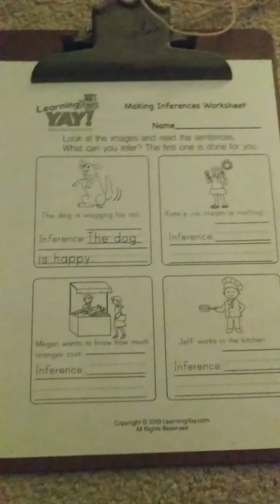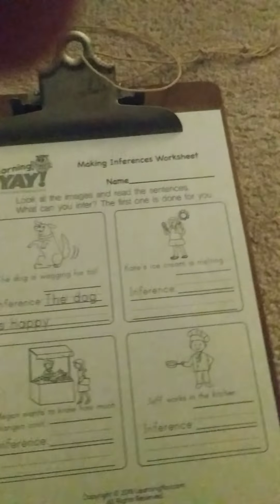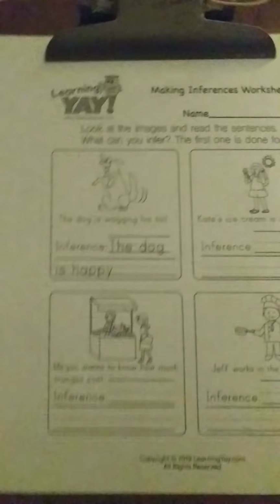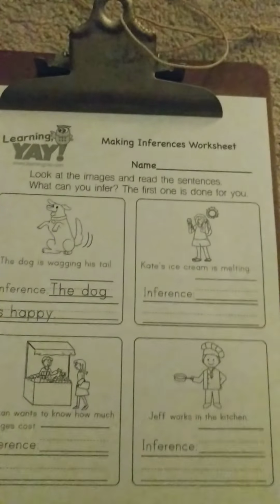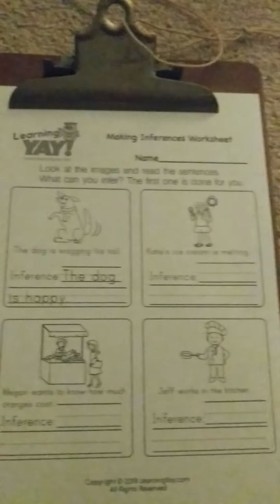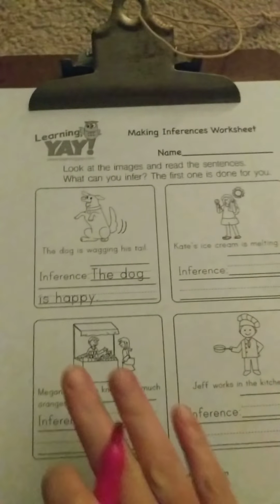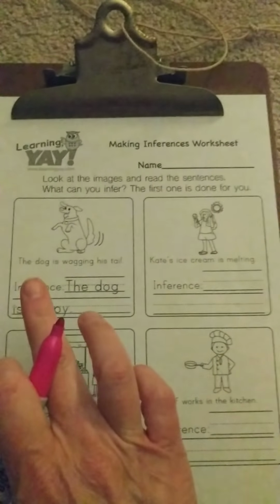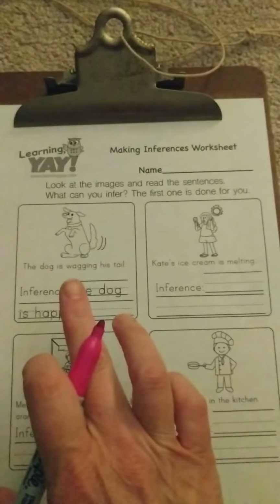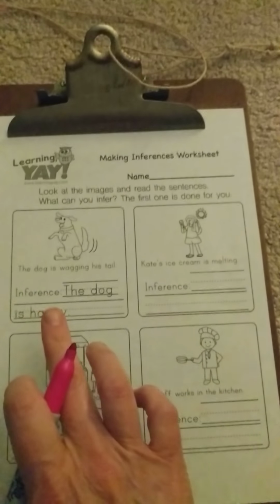Okay, now I'm going to scoot this way to this page. And this page is a page that you have, and you can just do it with me. Okay, so we're gonna make some inferences. In this first picture, it says the dog is wagging his tail.